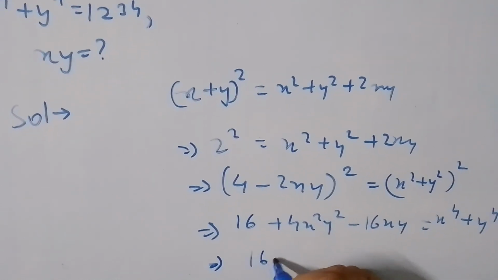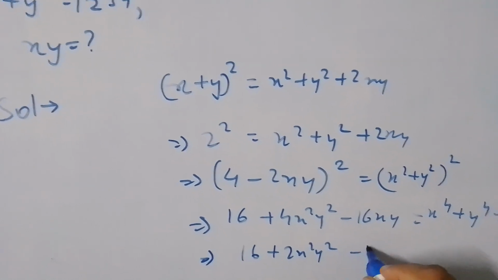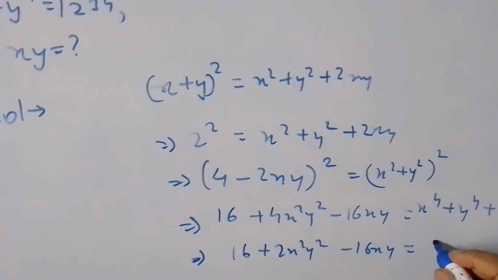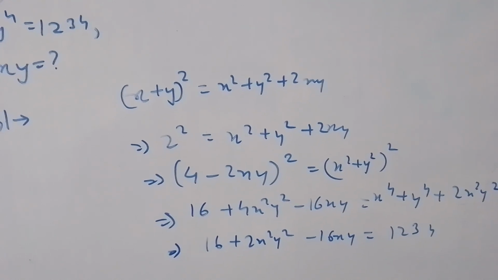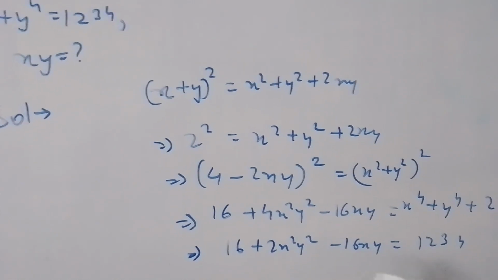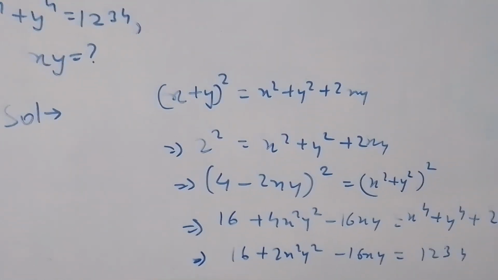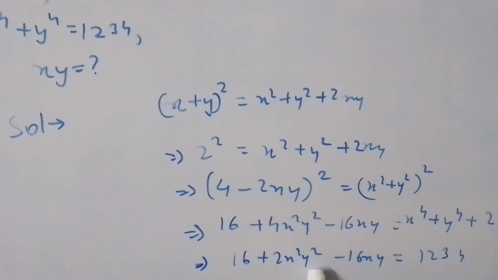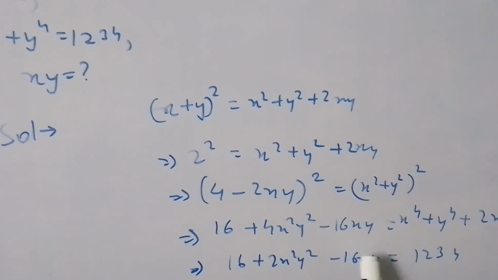So 16 plus 2x squared y squared minus 16xy equals 1234. Now you have noticed that there's a square of xy, there's a 1 degree xy, and there's a constant.